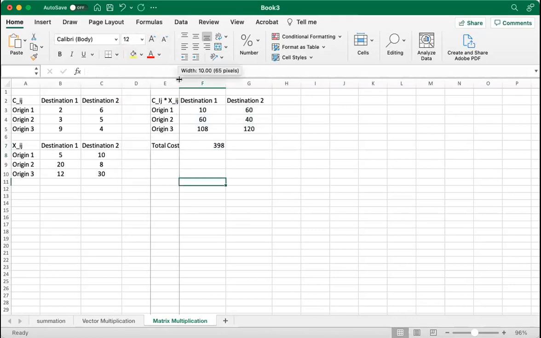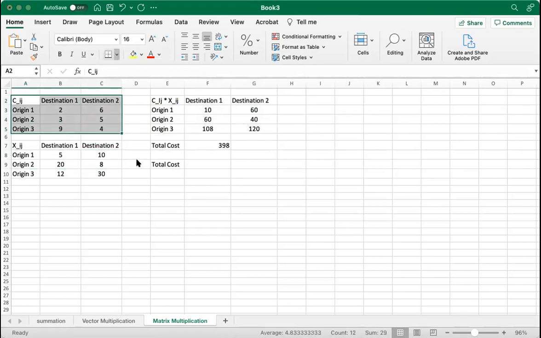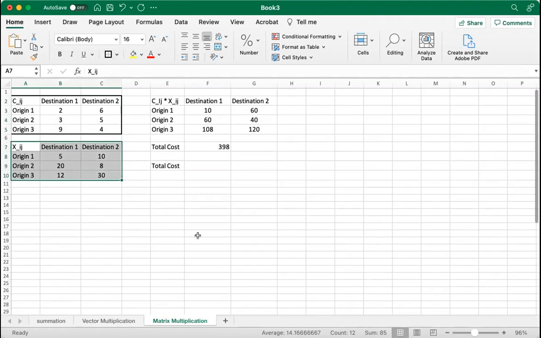But this is literally similar to multiplying every element one by one in the 2 matrices and then adding them up. We know a more efficient way of doing all this. We don't need to create this table. All we needed was our cost table and our amount table.